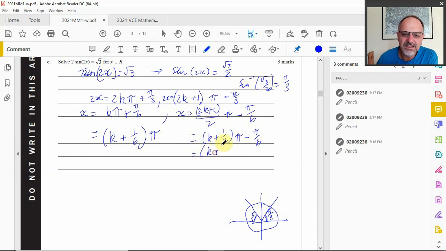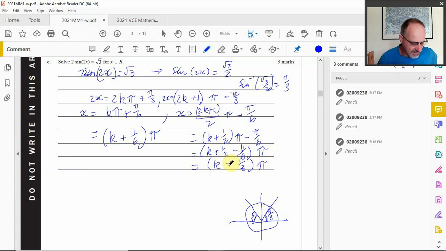I've got k plus 1/2 minus, oops, not minus pi, but minus 1/6, because I've now taken the pi out as a common factor, and 1/2 minus 1/6 is actually a third. So we've got k plus 1/3, pi.